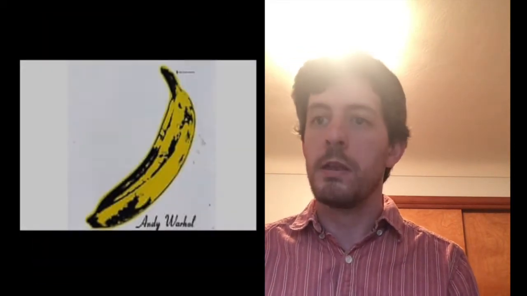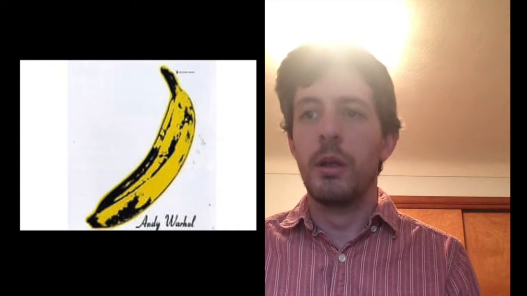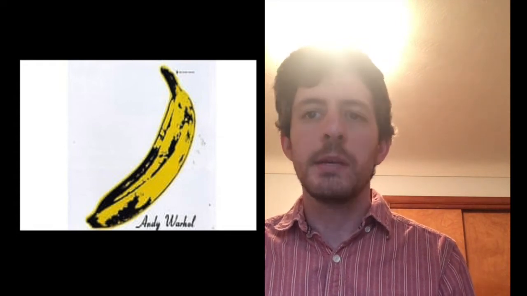Once you start having things like imagery, you need to start thinking about subject matter. In this case, I'm going to define subject matter as: what are the images? What are the symbols that are in the work of art? If we take a look at this piece, number 3, by Andy Warhol, we see a banana.